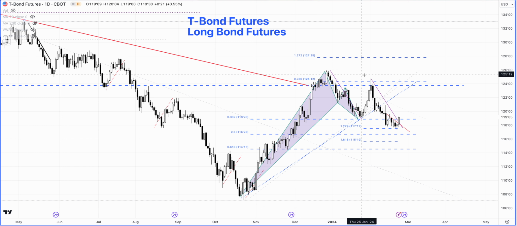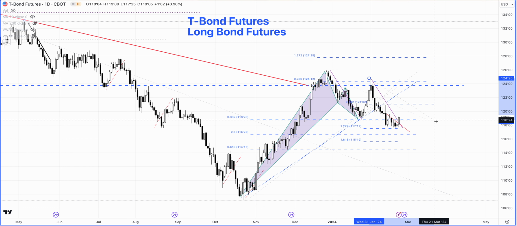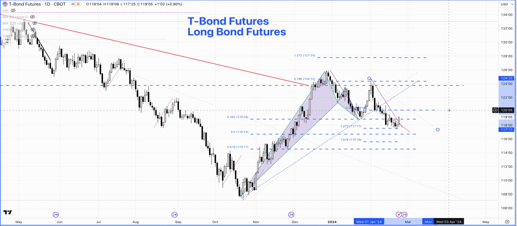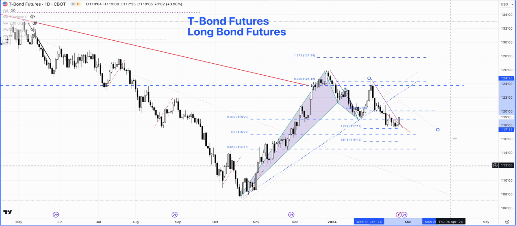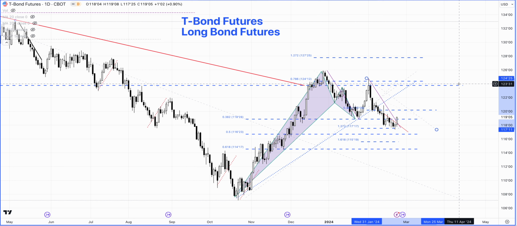What we'll now be watching for is the retracement, this 38.2% Fibonacci retracement, which comes around the 120 level. That's going to be a pretty interesting and important level to watch. Should the market be able to get above this, then we might in fact be looking at an ABCD to the upside, which could see the market move much higher, which indicates lower yields.